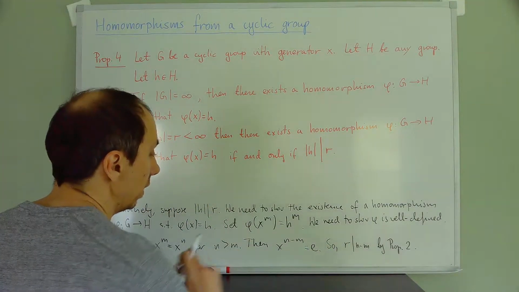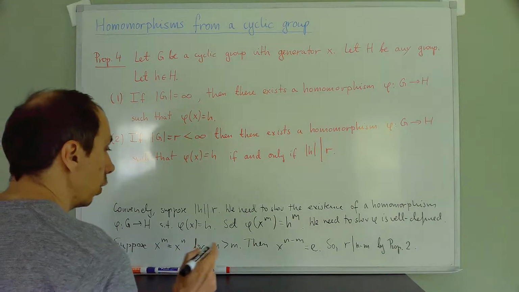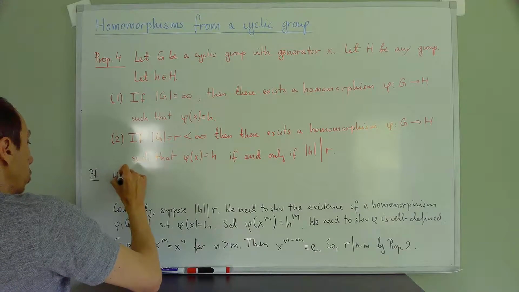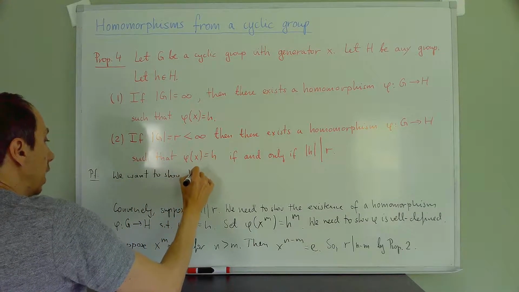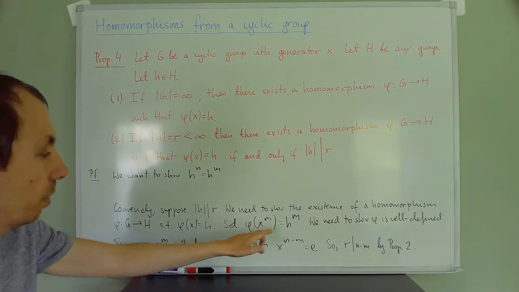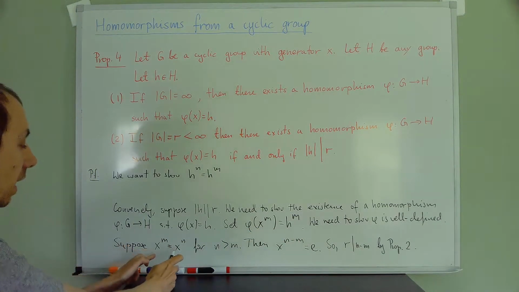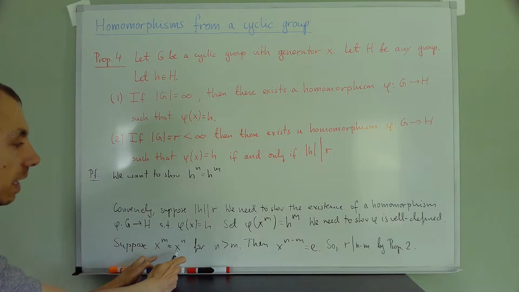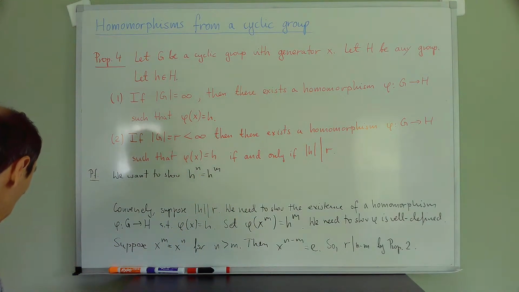So we know that R divides n minus m by proposition 2. So what do we want to show? We want to show that h to the n is equal to h to the m, because my map is defined as phi of x to the m is equal to h to the m, and if x to the m is equal to x to the n, then h to the n had better be equal to h to the m.